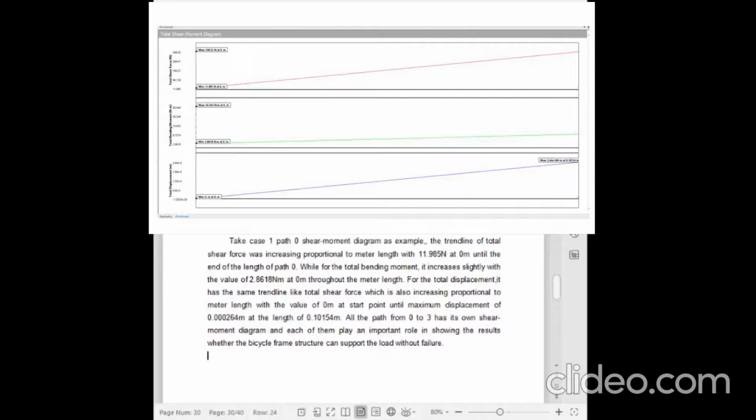For the total displacement, it has the same trend line as the total shear force, which is also increasing proportional to meter length, with the value of 0 meter at start point until maximum displacement of 0.000264 meter at the length of 0.10154 meter.